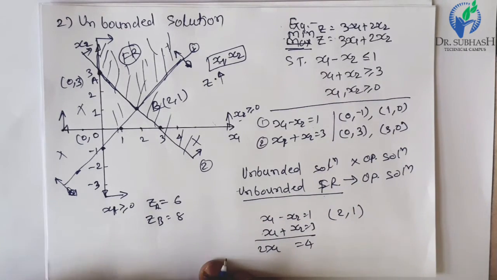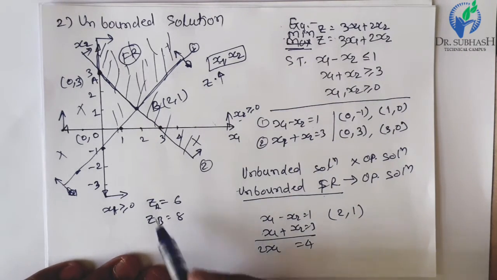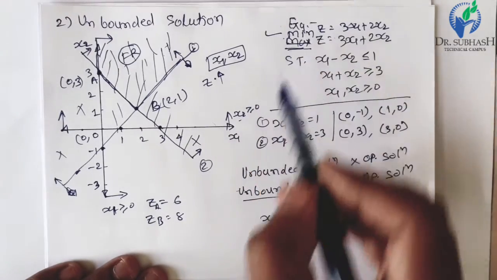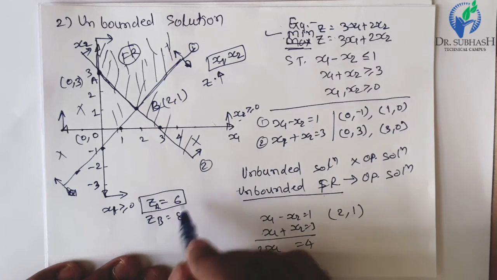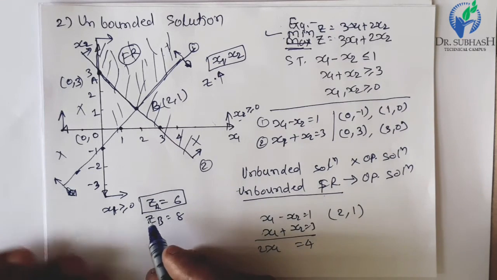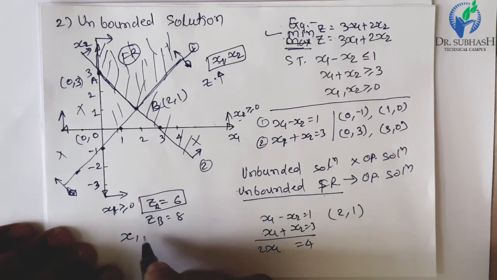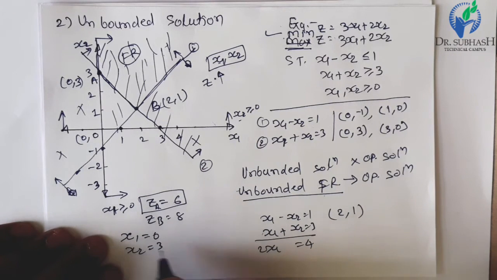So when you solve the problem with the objective function in the minimization case, you will get the minimum value of z equal to 6. So you get the optimal solution in the form of x1 equal to 0 and x2 equal to 3, and the value of z minimum equal to 6.